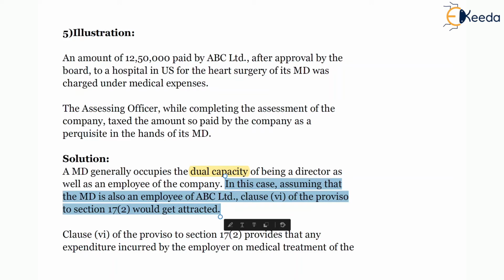And the proviso to clause 6 of section 17(2) is a provision related to the reimbursement of medical expenses.